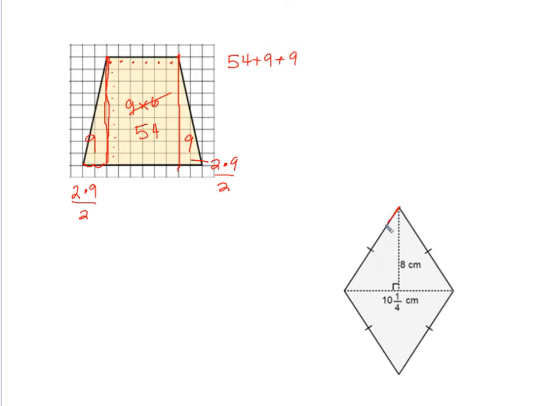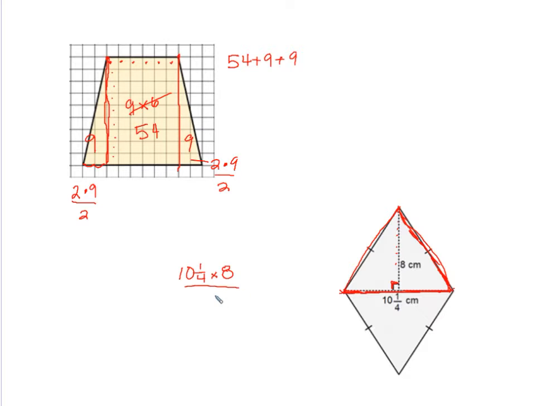Okay, now this one, when I look at this particular shape, I see 2 large triangles. I want to make the biggest possible triangle that I can see. So I see this one here in red. And the base from here to here is 10 1/4 times the height is 8. Remember, the height, you have to look for this 90-degree angle. Okay, it's important.